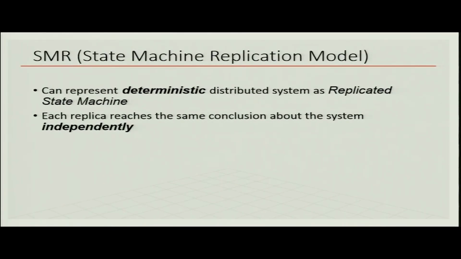So now let us talk about the state machine replication model, because most of the technology used in blockchain, as I have mentioned, is a reincarnation of many things that the cryptography community, the digital cash community, and the distributed algorithms and distributed computing community have invented over the last 40 or more years. Replicated state machine is one such model for distributed computing.